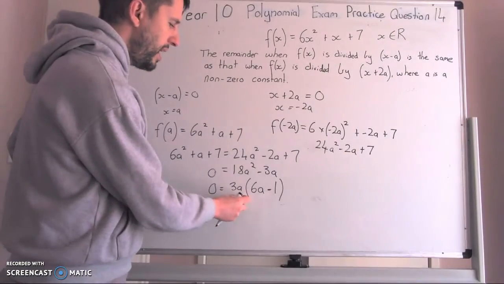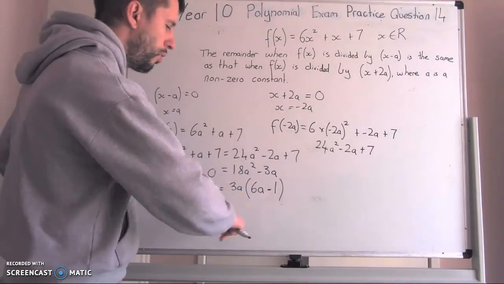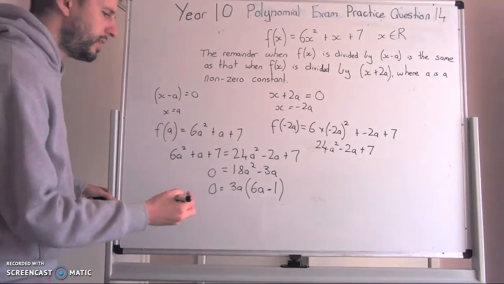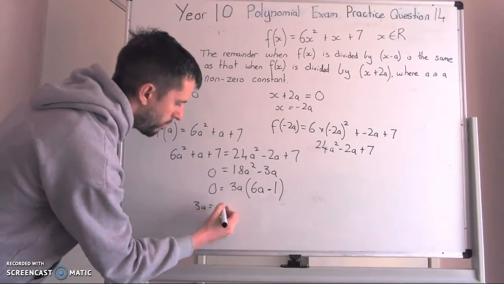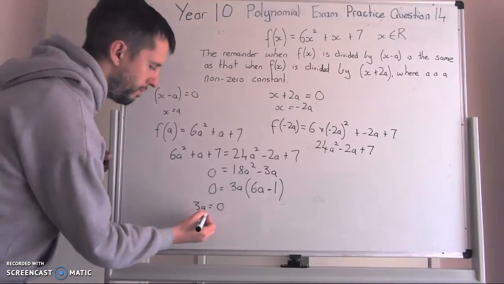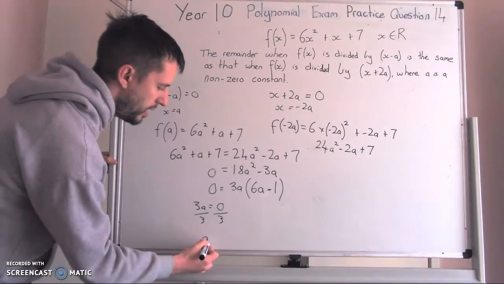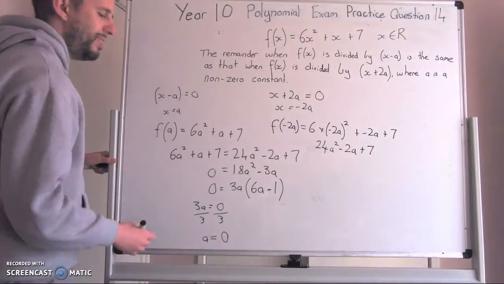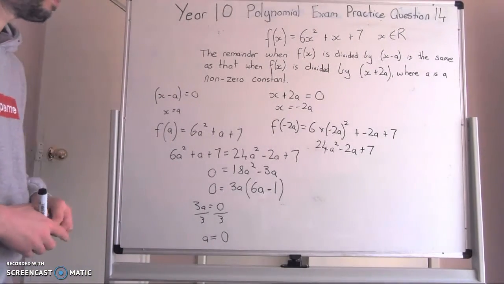The final step is to think: if 3a is 0, then the whole thing will be 0. To get 3a to equal 0, we divide by 3, so a here must equal 0. 0 divided by 3 is, well, 0.